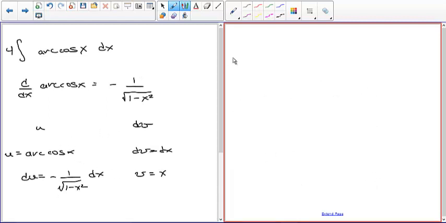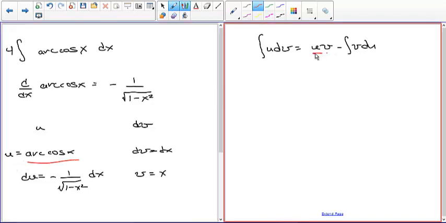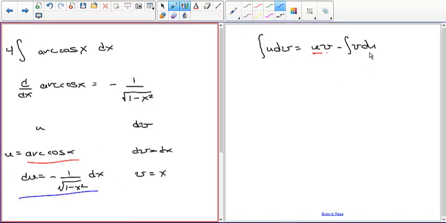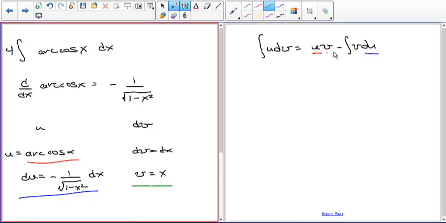So now we have everything we need. We write down the integration by parts formula: the integral of u dv is equal to u times v minus the integral of v du. So all we have to do is go back here and find all the stuff we need. There's u, there's du, and there is v.